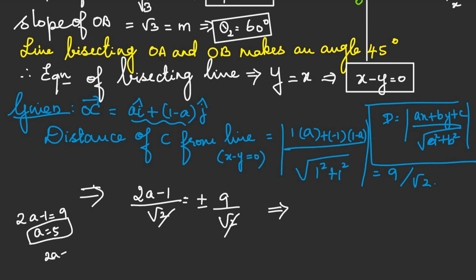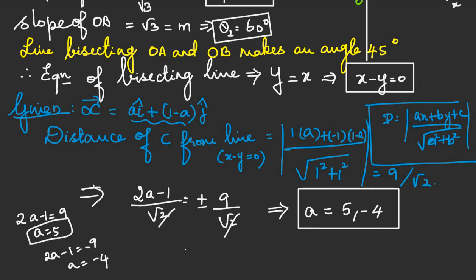If 2A minus 1 is equal to minus 9, 2A is equal to minus 8, and A is equal to minus 4. Which implies the values of A are 5 and minus 4. Here the question is to find the sum of the given values. Therefore, the sum will be 5 minus 4, which is equal to 1.